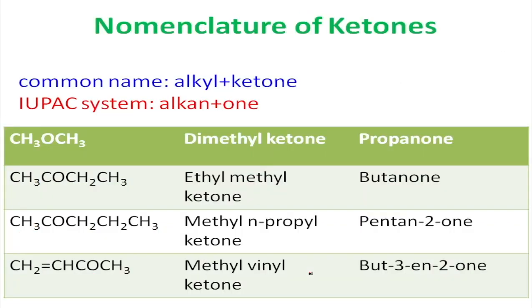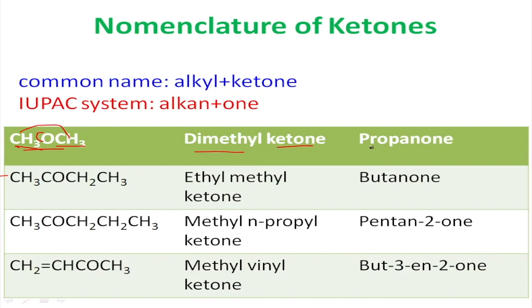Nomenclature of ketones. The common name of ketones is alkyl plus ketone, and in the IUPAC system it is alkane plus one. For RCOCH3 with a methyl group on each side, the common name is dimethyl ketone.